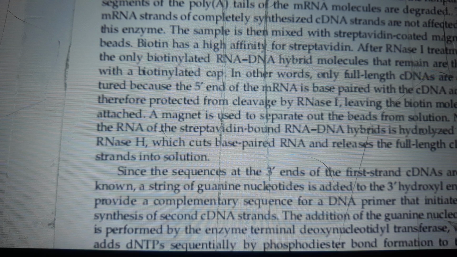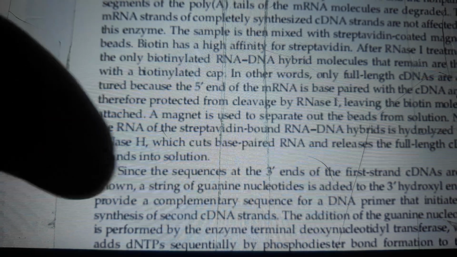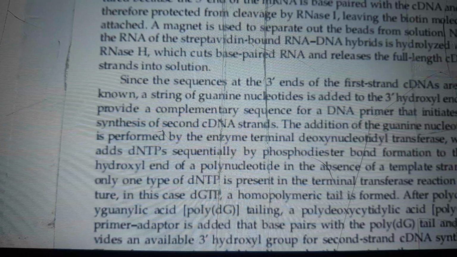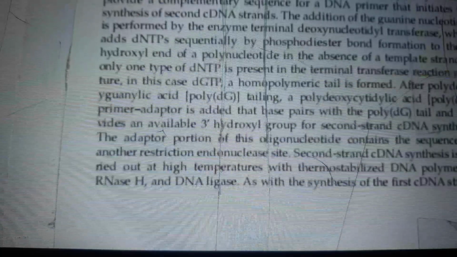In other words, only full-length cDNAs are captured because the 5' end of the mRNA is base paired with the cDNA, and is therefore protected from cleavage by RNase I. Leaving the molecules attached, a magnet is used to separate out the beads from solution. Next, the RNA of the streptavidin-bound RNA-DNA hybrids is hydrolyzed with RNase H, which cuts base paired RNA and releases the full-length cDNA strands into solution.